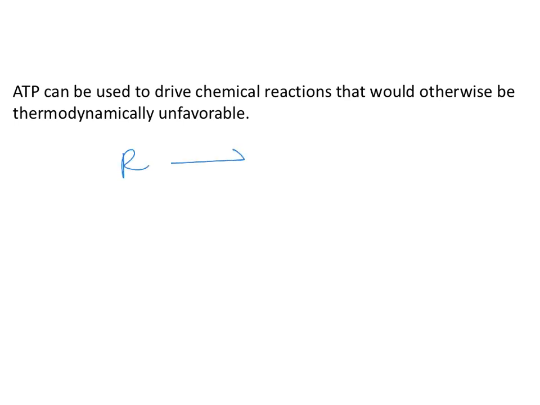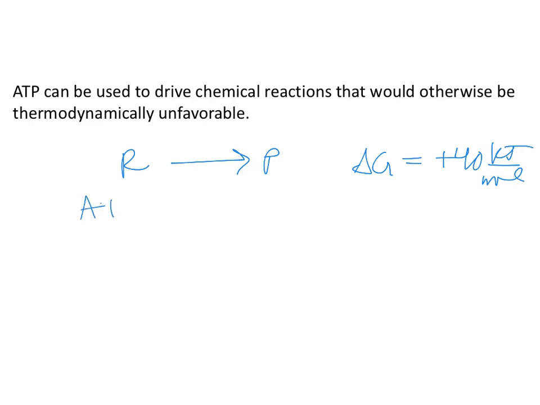So let's say we have a reactant that goes to products, and it has a delta G of, let's say, positive 40 kilojoules per mole. So this is an endergonic or unfavorable reaction.